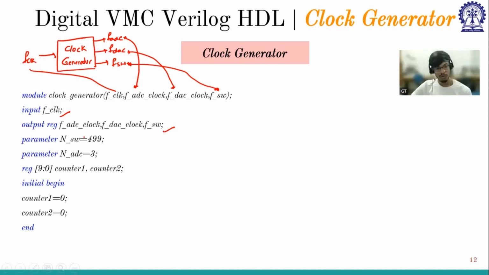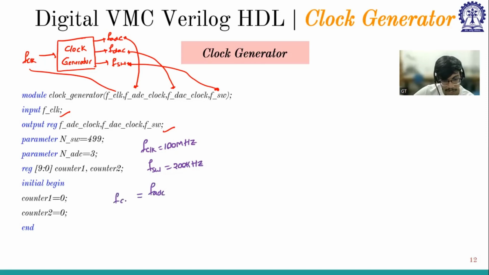Now I have a question. The main clock, F clock, is 100 megahertz, and FSW is 200 kilohertz, the frequency at which the buck converter is being operated. FADC, which is equal to FDAC, is 25 megahertz. So we are using a counter. What should be the value of the counter until which it should count so that I'll get FSW of 200 kilohertz?